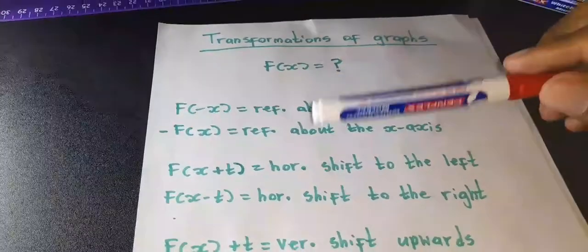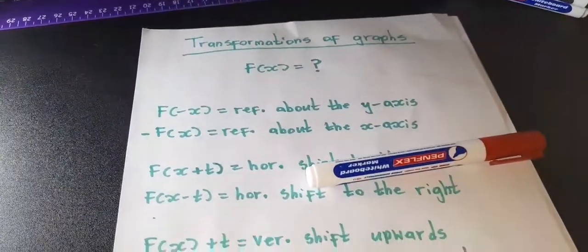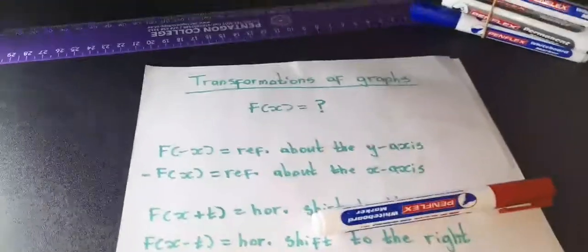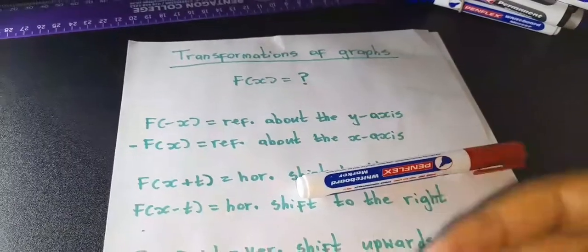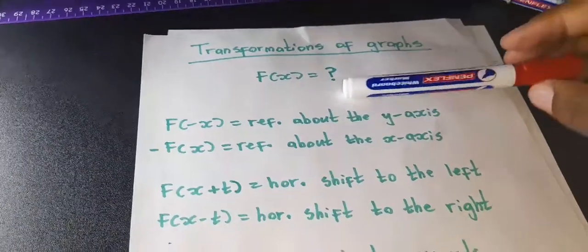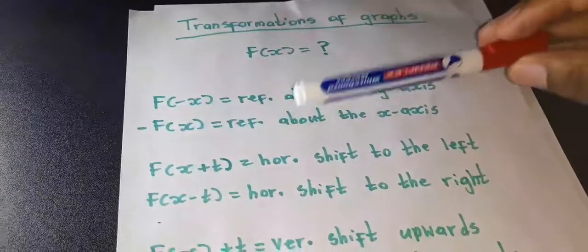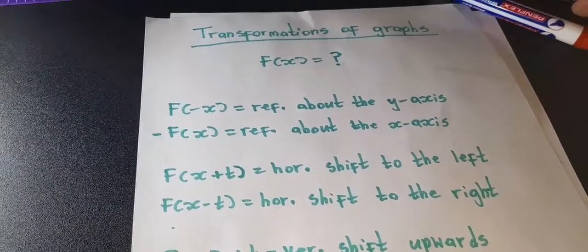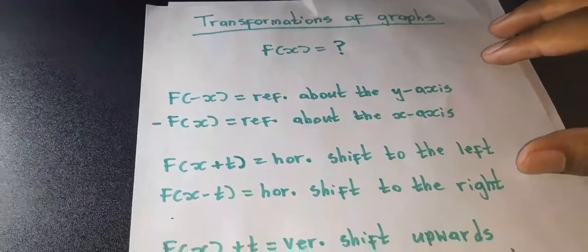They can give you these things here and ask you to describe what happened to the function, or they can give you all of this here and ask you to sketch a new function from the given function here. Just by knowing the basics here, you can definitely answer any questions about transformations of graphs.